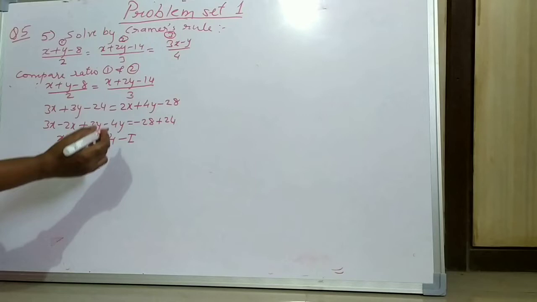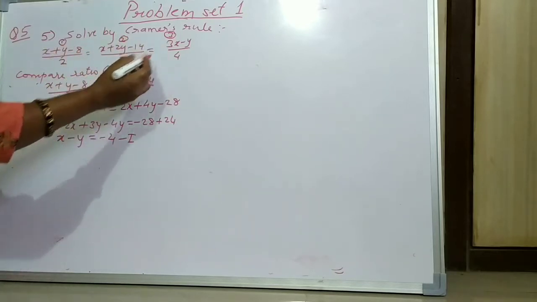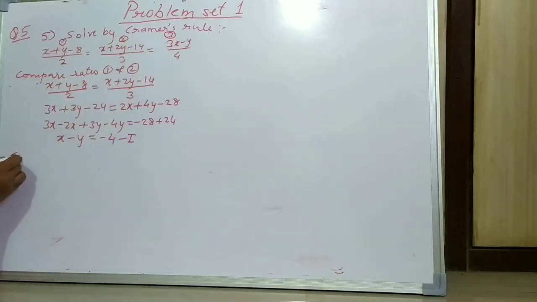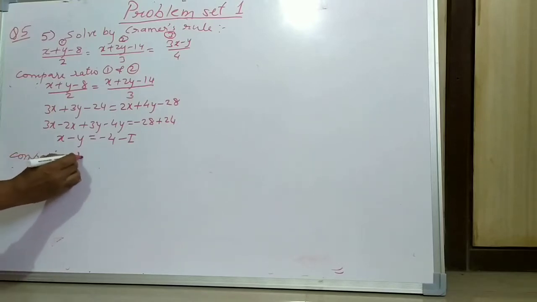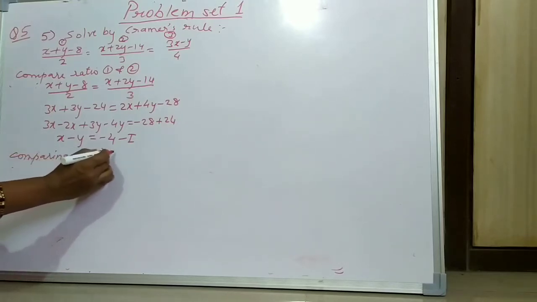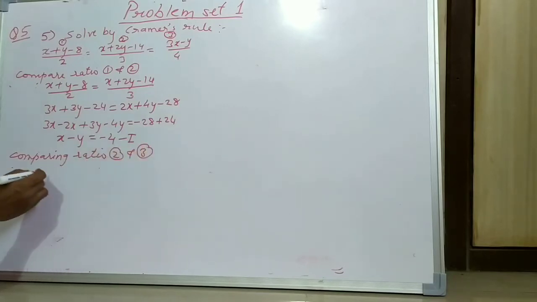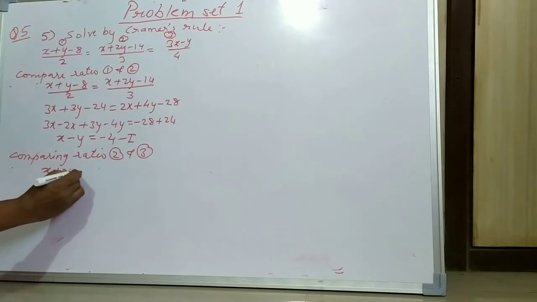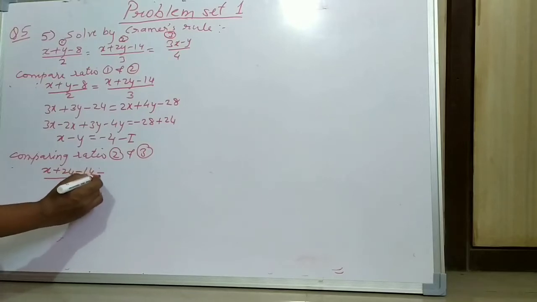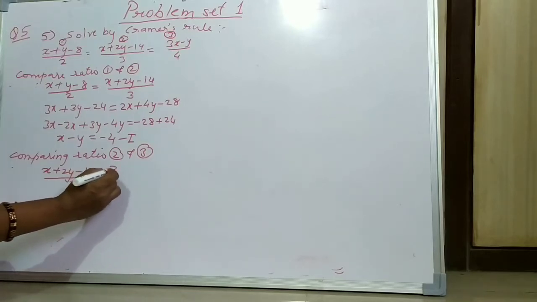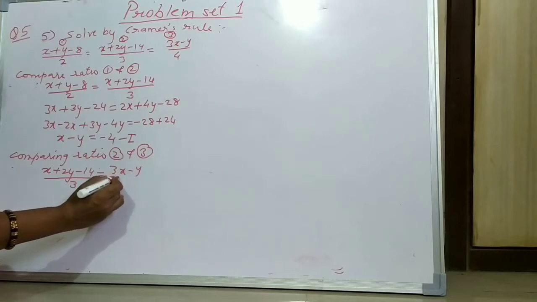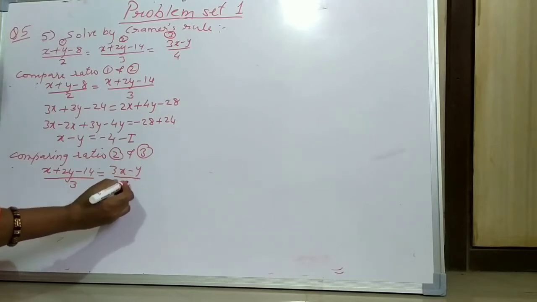Now similarly compare ratio 2 and 3. So write down the ratio first. x plus 2y minus 14 upon 3 is equal to 3x minus y upon 4.